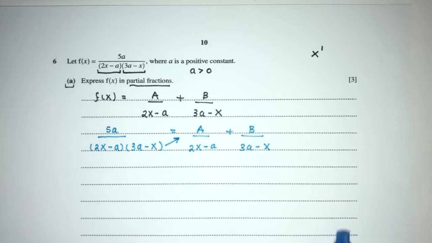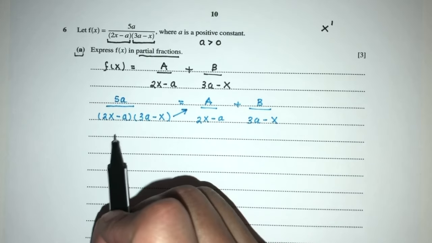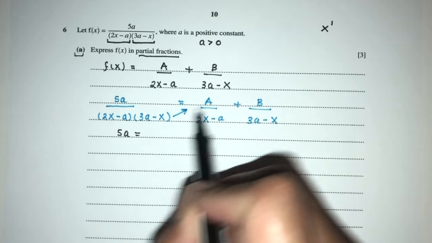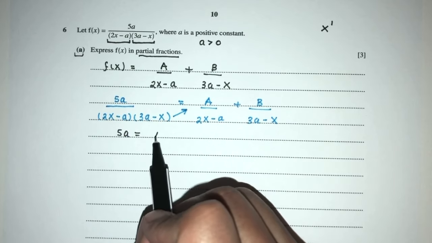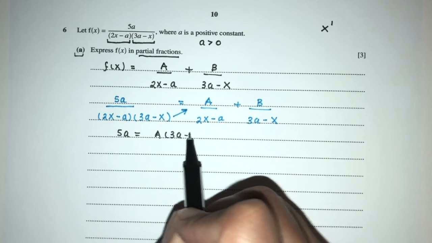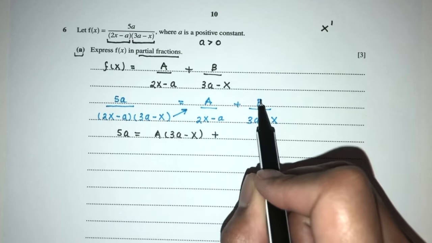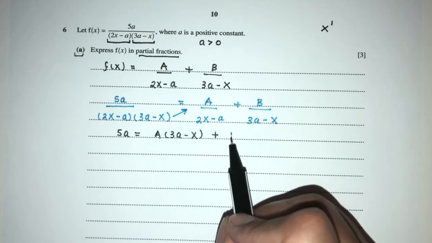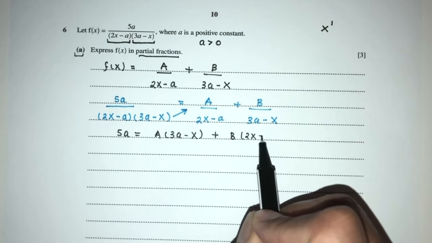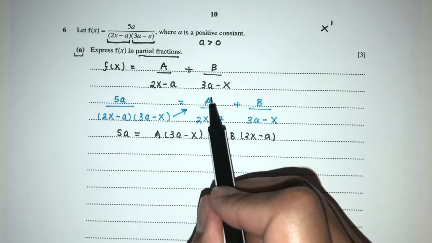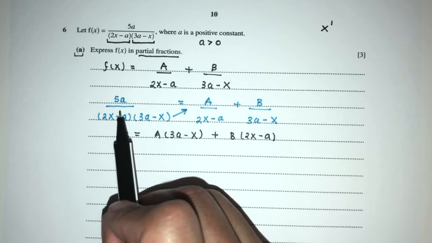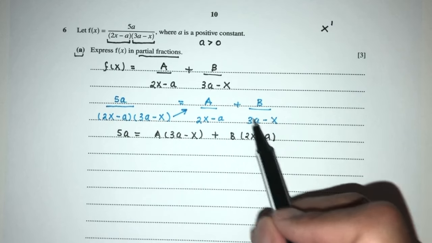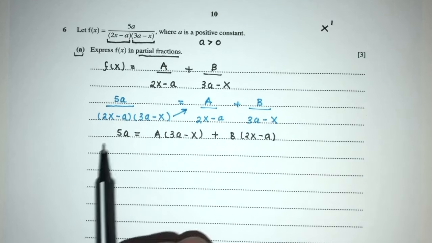Let's see what happens. So this will simplify to what? We have 5a here. A over this times this will give you A times 3a minus x. And B over this multiplied by this will give you B times 2x minus a. Because if you think, we have this multiplied by this, so this and this will cancel out. And this one, this and this will cancel out as well. So you will have this equation.